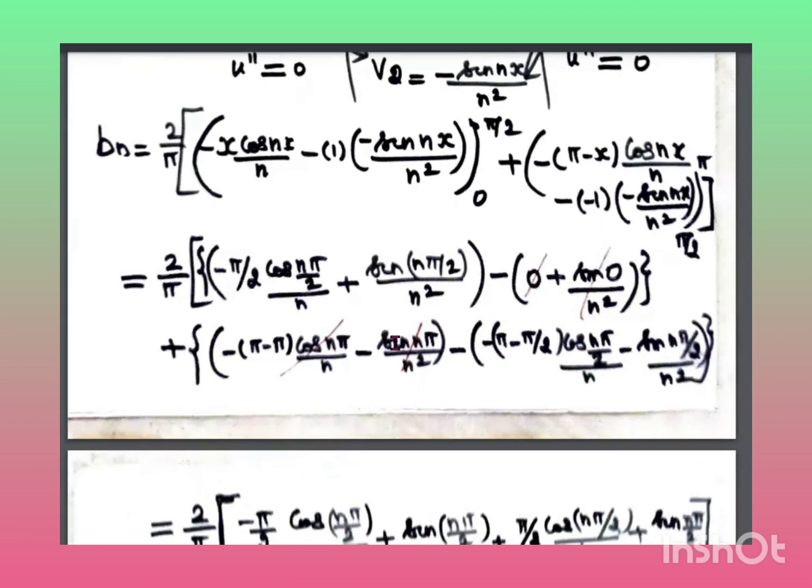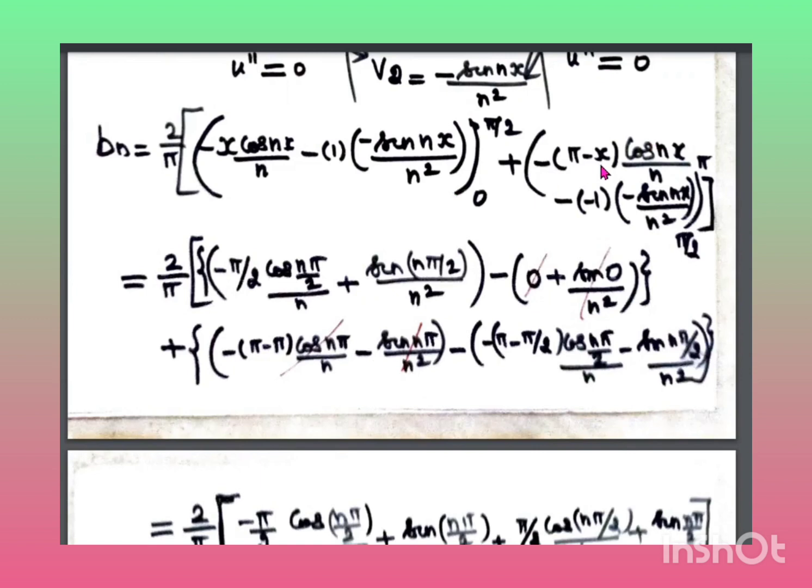So 2 divided by pi, for x equal to pi by 2, minus pi by 2 cos n pi by 2 divided by n plus sin n pi by 2 divided by n square. This is the upper limit pi by 2 we have applied, minus the lower limit: minus 0 into cos 0 divided by n, which becomes 0, plus sin 0 divided by n square, which is also 0.